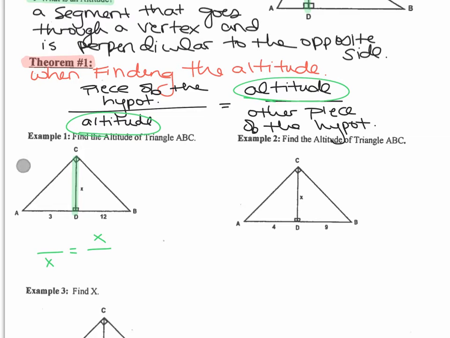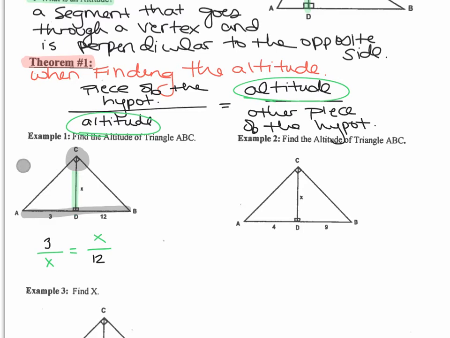Notice my main 90-degree angle is right there, which means this side is my hypotenuse. This altitude cuts my hypotenuse into two pieces. I'm going to take one of the pieces: 3 over the altitude equals the altitude over the other piece. What was the other piece? 12.